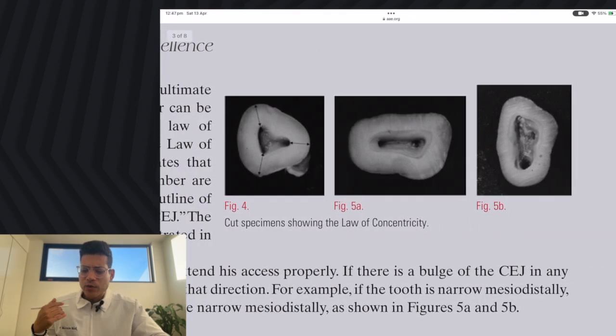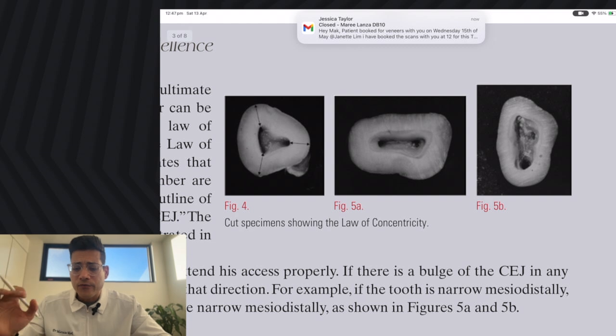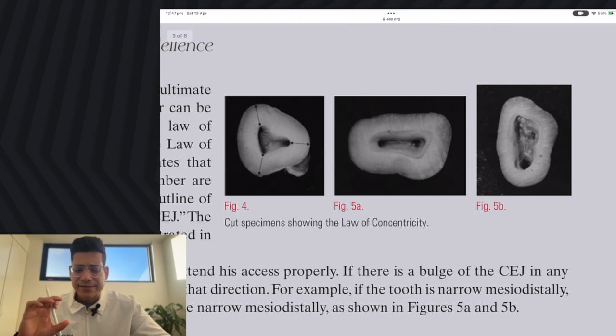Now this is what we see, the concept. And when you look at endo, you need a straight line axis, making sure that from a good clean occlusal view, we have a visualization from the top. On a straight clean occlusal view, you should see the canal orifice a good clean 90%.